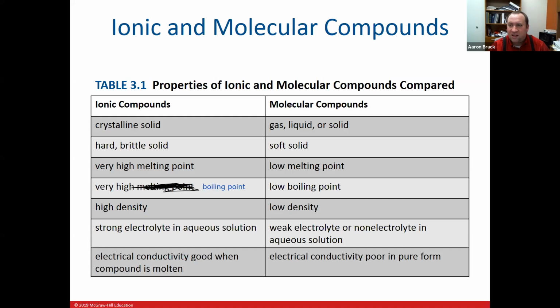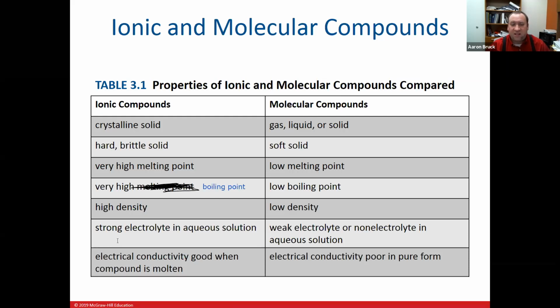If we compare their densities, ionic compounds have much higher densities than molecular compounds do. And some of the other interesting properties that we can see is that we haven't talked a whole lot about electrolytic character, and we won't for several chapters, but this idea of an electrolyte means that a solution is capable of conducting electricity.